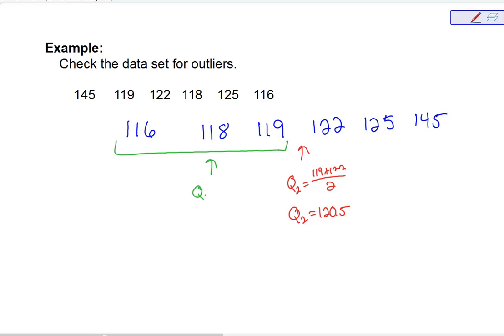So Q1 is 118. Notice I included the 119 because it is not exactly my Q2. I'm going to include my 122 because it is not exactly my Q2 again. So my Q3 is going to be 125. Unless a number is exactly your Q2, you include it when finding your Q1 and Q3.